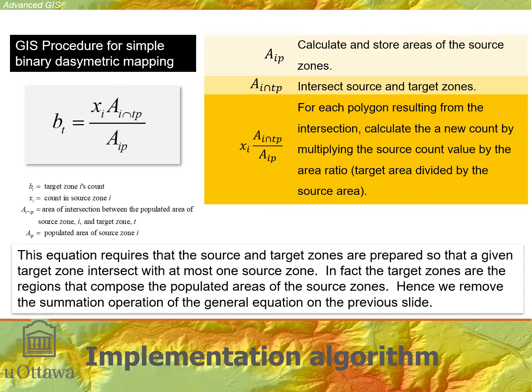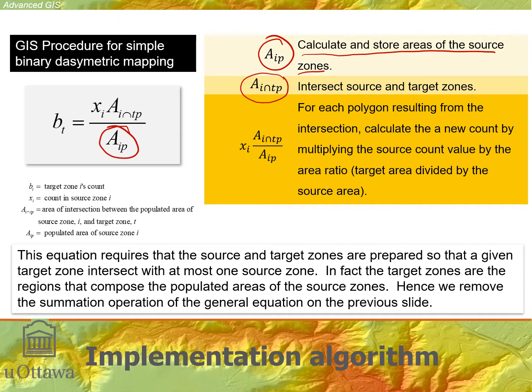So the basic procedure for creating a binary dasymetric map, and the output will always be a map of the counts of some variables, is first, of course, we calculate and store the areas of the source zones. That's just called AIP here.